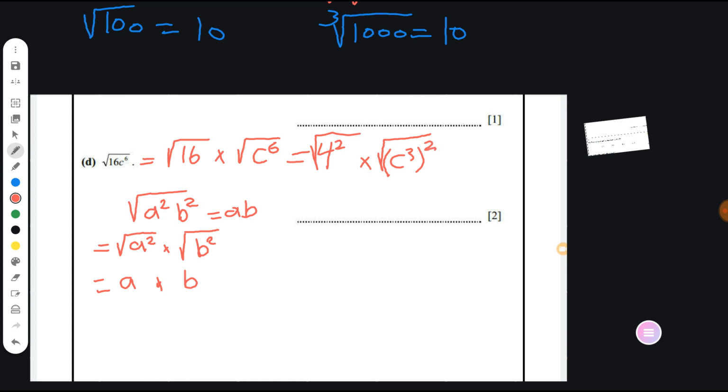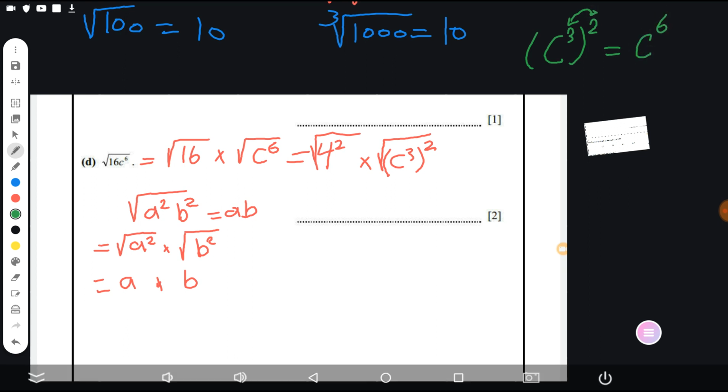And this rule is called power of power. In the rule of power of power, we multiply. So if I have c to the indices of 3 all to the indices of 2, I will multiply the indices together. So it will be c to the indices of 6. Okay, so power of power, multiply.